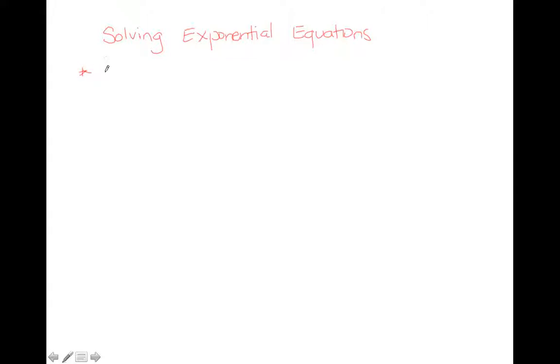Okay, so here's the property that they give. If a to the u is equal to a to the v, then u equals v. So in other words, if you have the same base on both sides of the equation, you can essentially set the exponents equal and solve it that way.